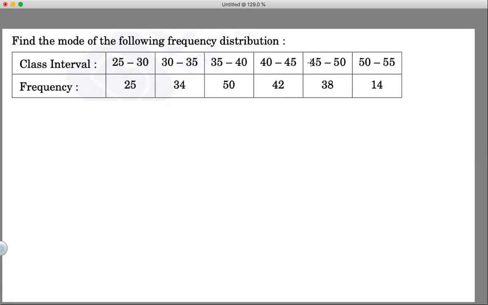So everything is fine with us, right? Now we need to find where the maximum frequency is. So modal class. Modal class is 35 to 40. Right?